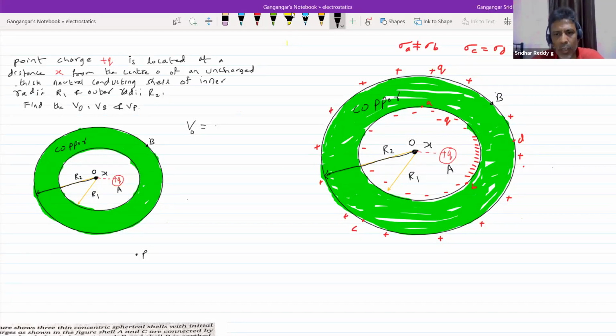First due to the point charge, KQ by X. Then due to the induced charge on the inner surface, K minus Q by R1. Then due to the charge on the outer surface, KQ by R2. So this should be our answer: KQ/X minus KQ/R1 plus KQ/R2.